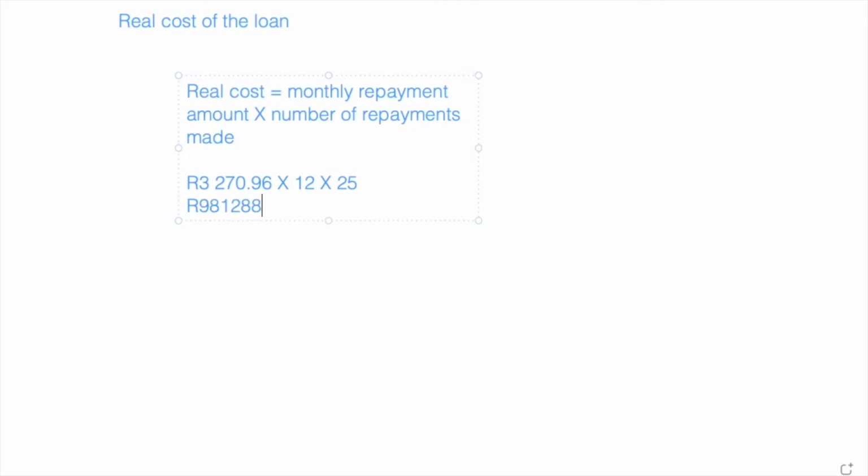And in the advert it says 981,000, because do you see how the 96 cents made such a big difference, because they rounded off there. That is the real cost of the loan. And then the interest paid.